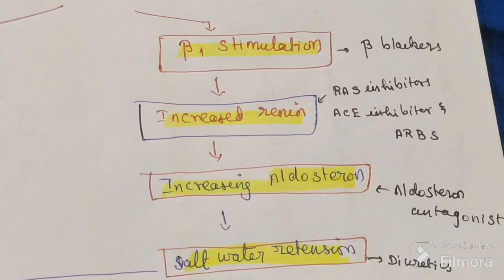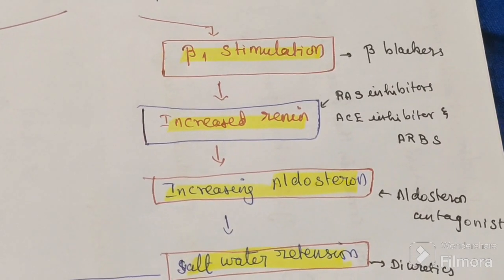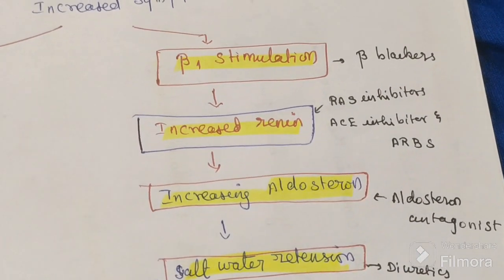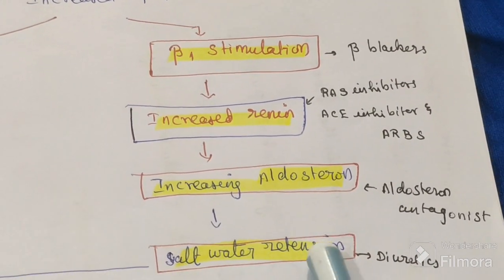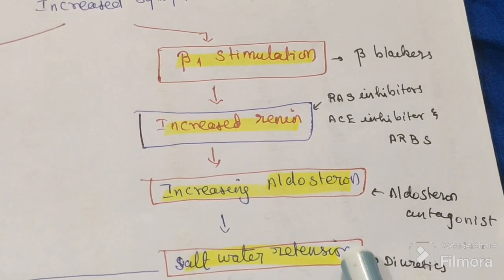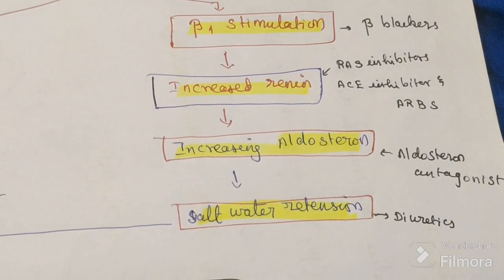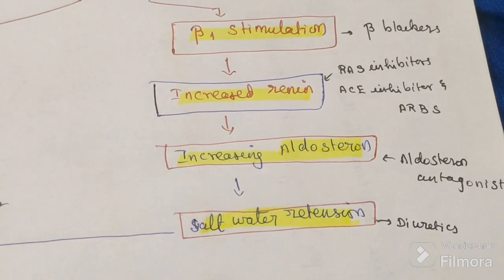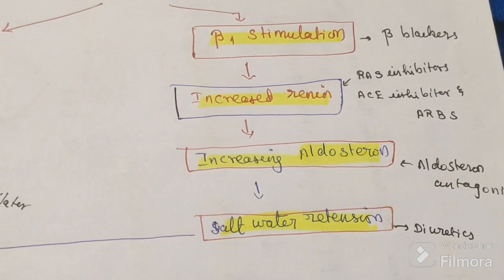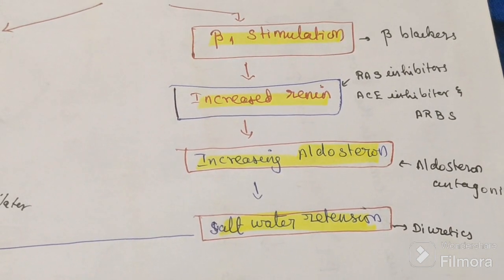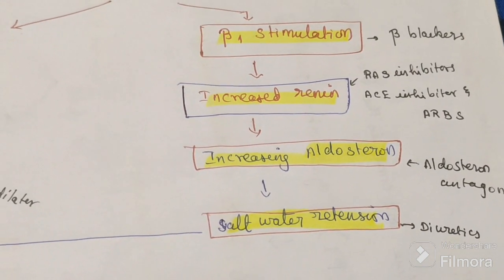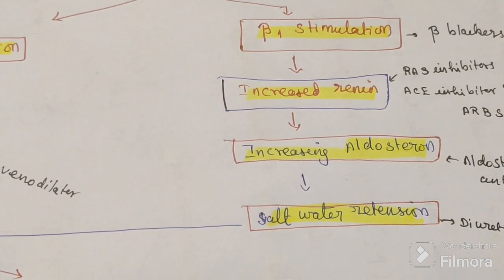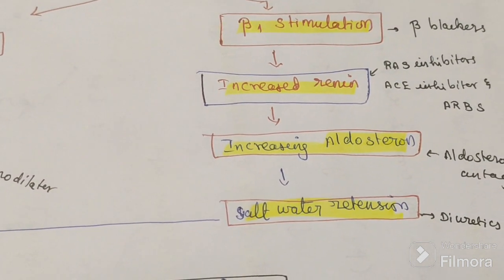Then aldosterone is increased, we will give aldosterone antagonist. Then sodium and water retention, we can give diuretics because the heart is not able to pump 5 liters, here blood is 6 to 7 liters. So we want to excrete that extra fluid, so we give diuretics.